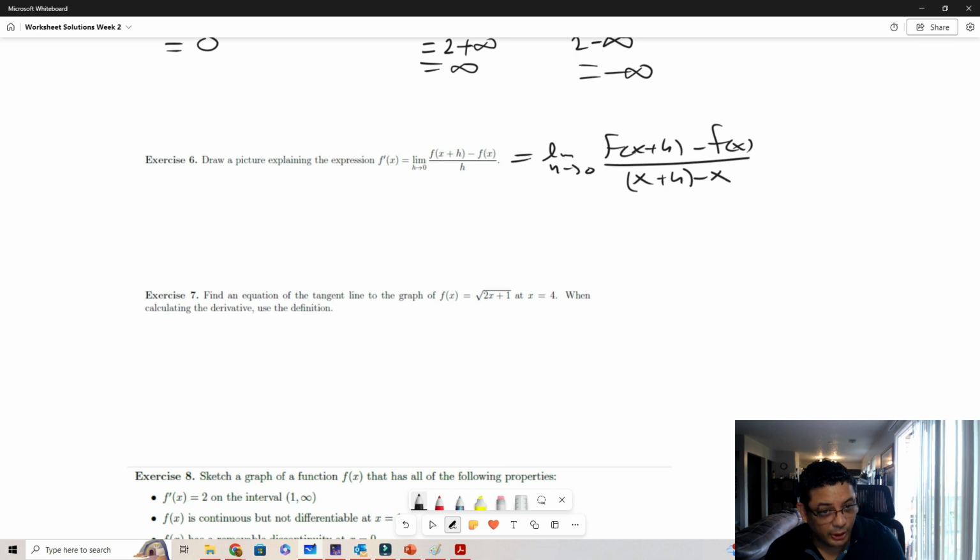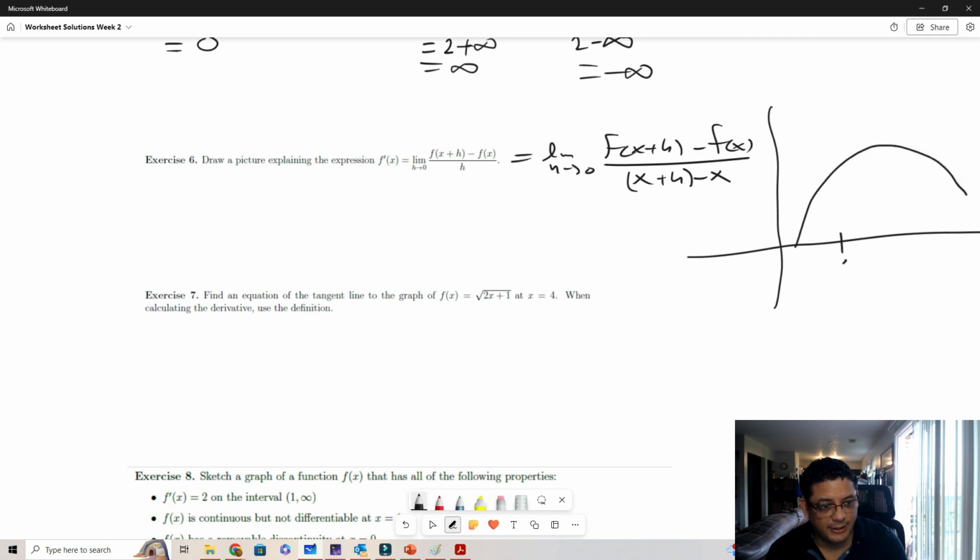Well, this is the slope of the secant line between two points, but you're making the distance between those two really small. So you have a function, and then you have x here, and then you have x plus h here, and then you take the slope of this secant line.